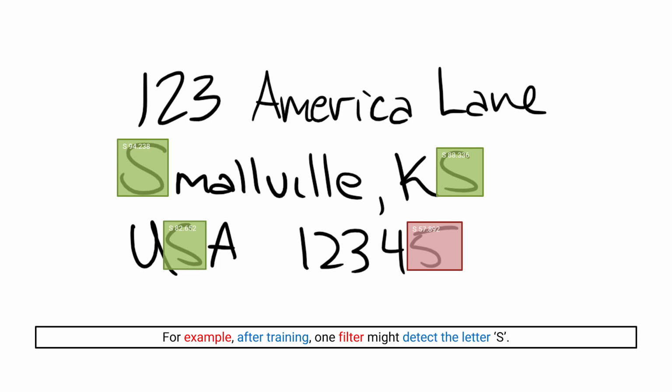Now here I'm only showing you what the S filter is detecting. It's very likely that there's also a 5 filter. And the 5 filter is going over here, and on all the S's, the 5 filter might be like, maybe. It might be registering a 50, but the 5 filter on the 5 is going to be saying 90 something, we hope.